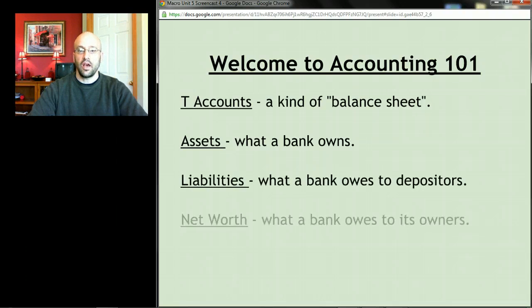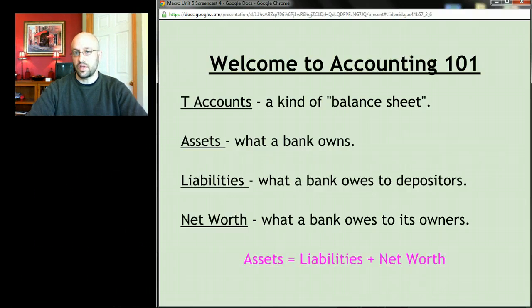On the other side, we're going to have what are called liabilities and net worth. And this side is going to represent what the bank owes to other people, whether to its depositors, which we'll call liabilities, or what it owes to the owners of the bank, which we'll call net worth. And the idea behind a balance sheet is that the two sides have to always equal. Assets have to equal liabilities plus net worth. And again, we'll see this going forward.